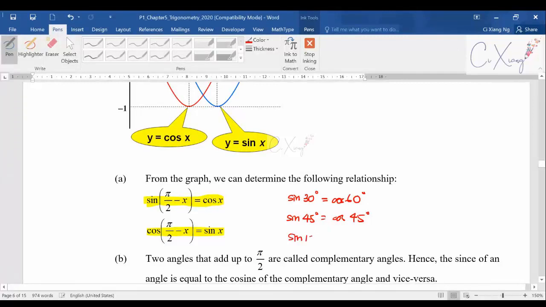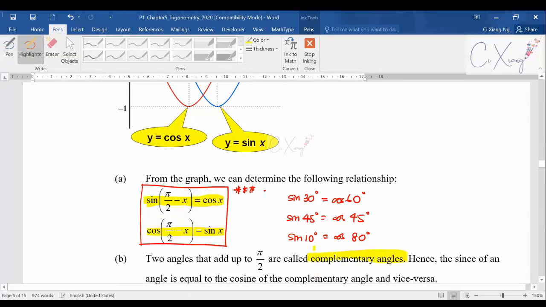If you have sine 10, what is the value of cos? It will be cos 80, and these two values will be the same. This formula, again, we will not apply very often, but we will still need to use it in some special questions. We call these complementary angles.